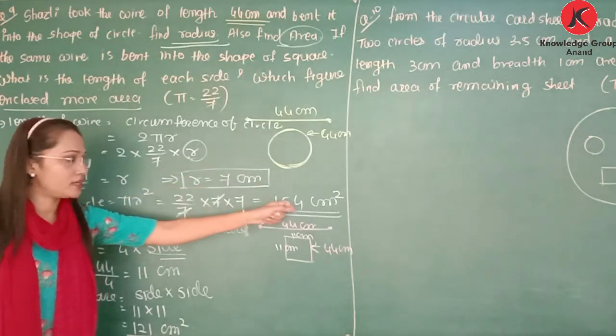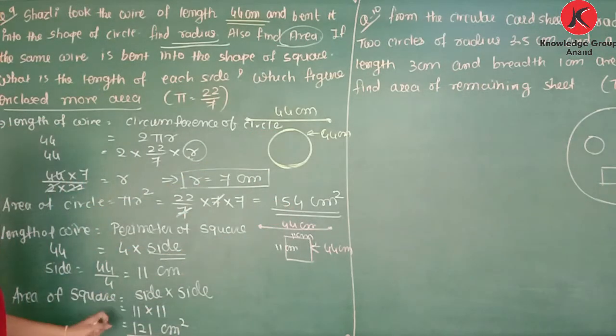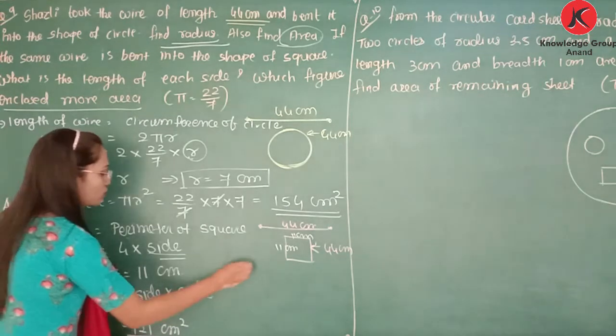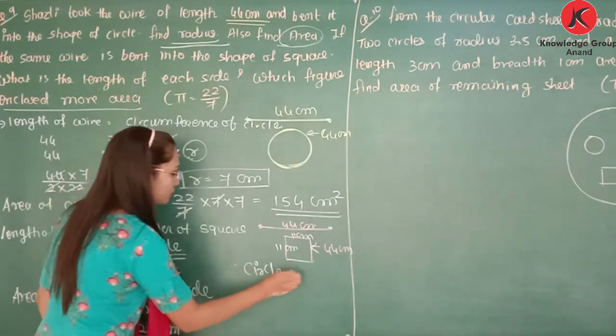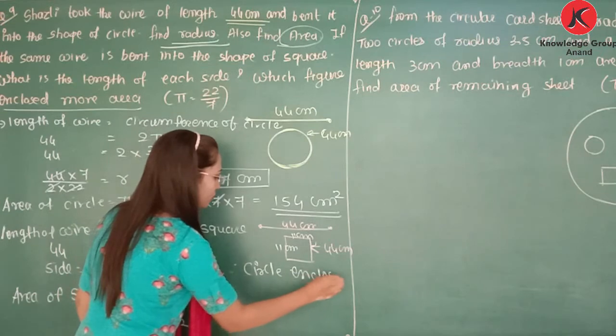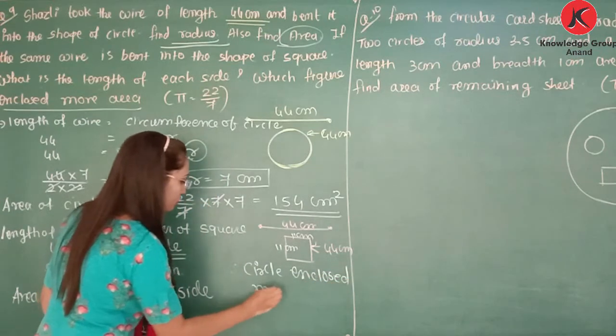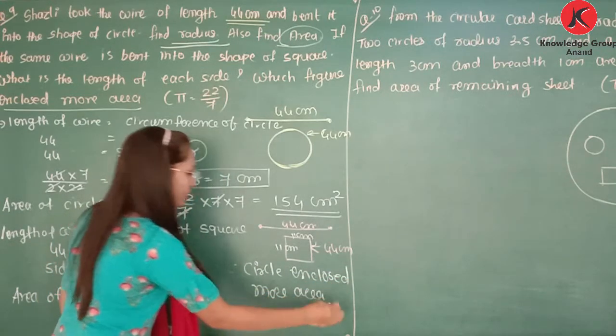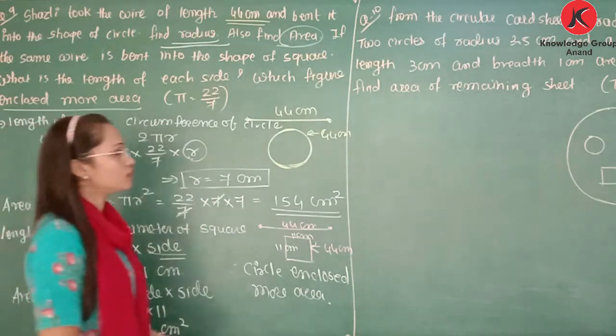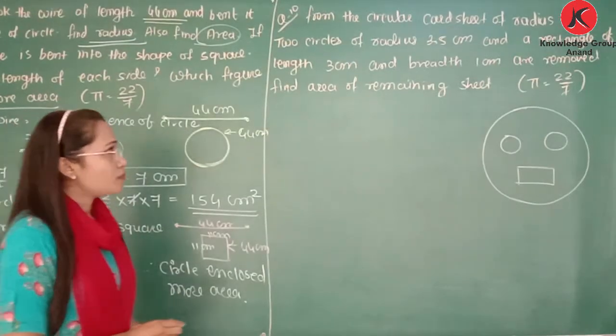Length is same but area formed by circle and a square is different. So which encloses more area? Circle encloses more area. Clear?